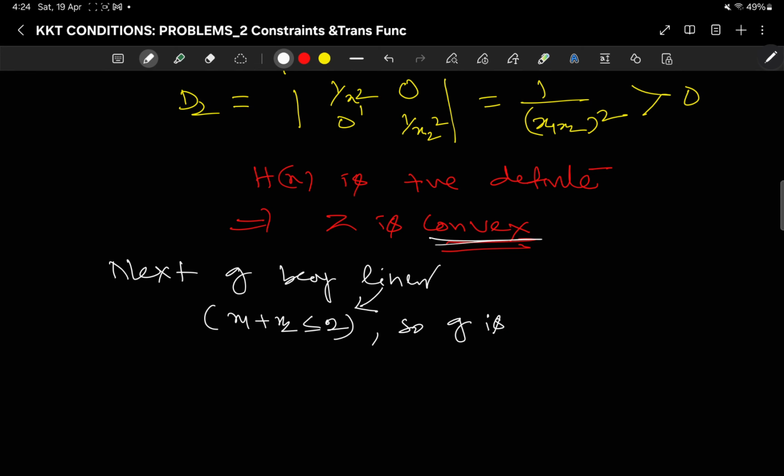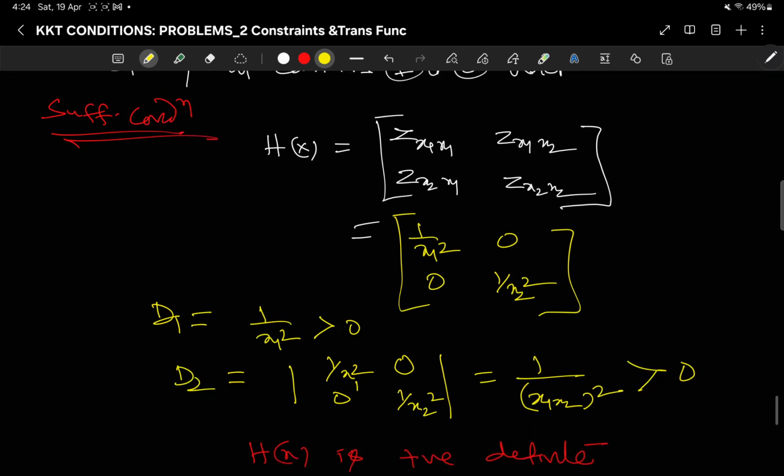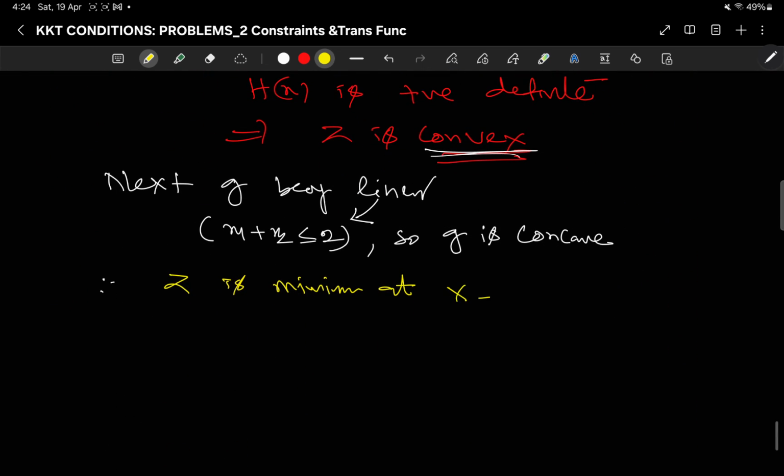Here Z is convex, and the constraint needs to be concave. Therefore Z is minimum at x1 equal to x2, at x star equal to (1, 1).